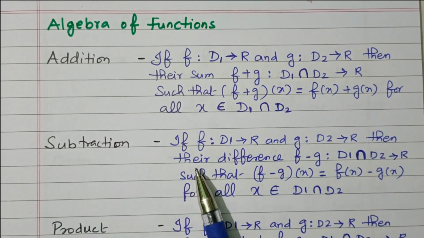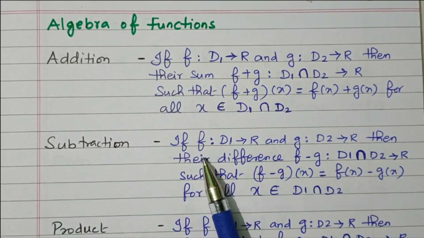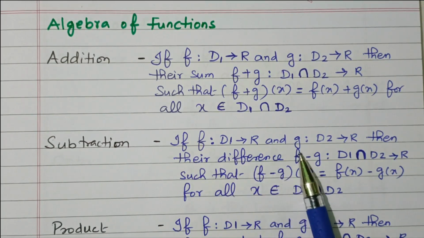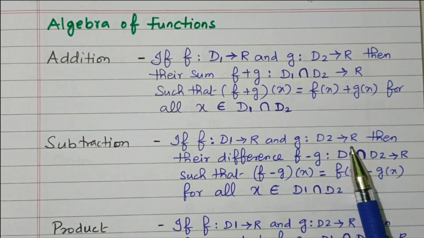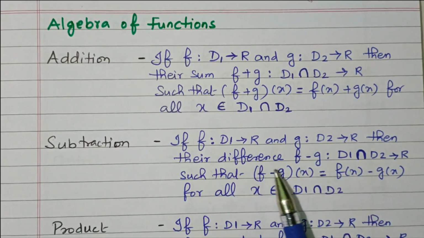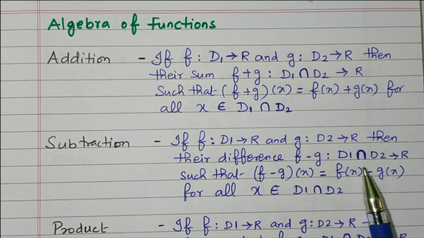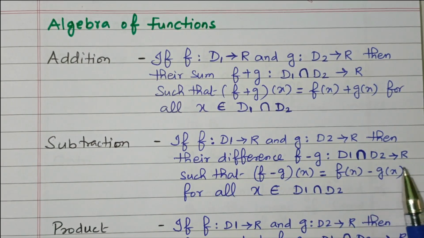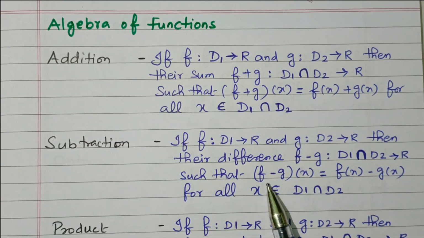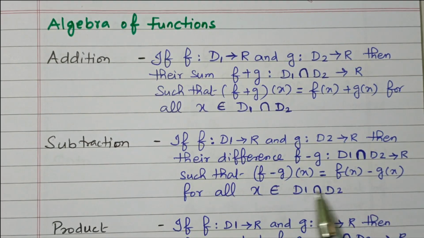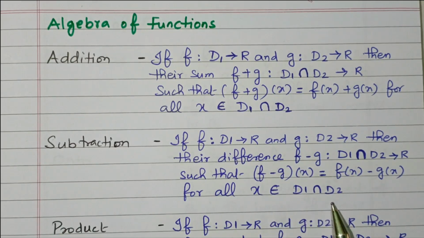Similarly, subtraction. If f is a function such that D1 relates to R and g is a function such that D2 relates to R, then their difference f minus g is defined on D1 intersection D2 relates to R, such that (f minus g)(x) equals f(x) minus g(x) for all x in D1 intersection D2.